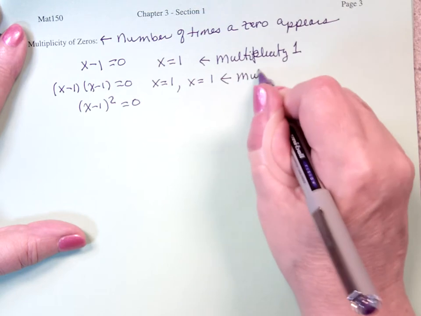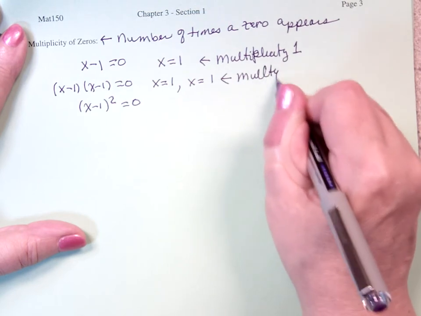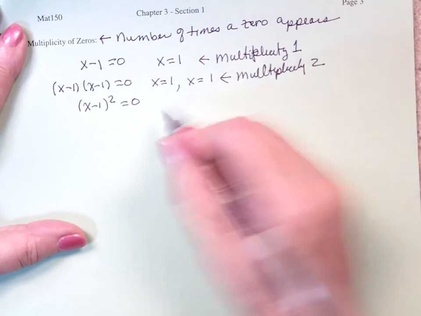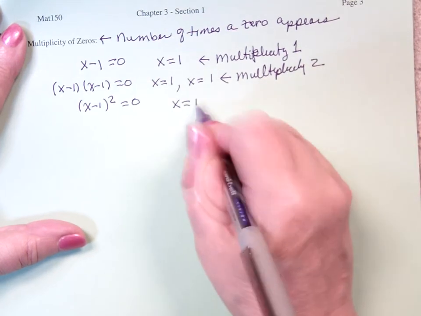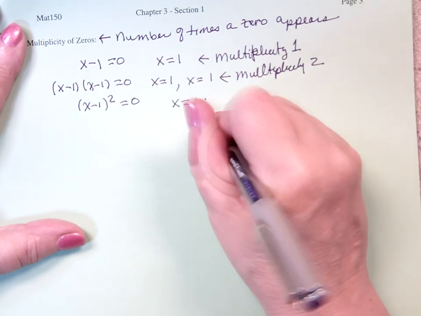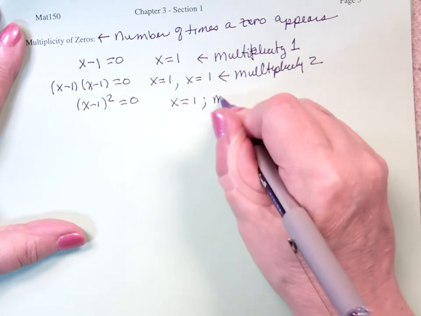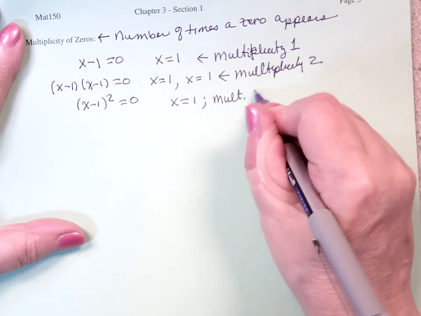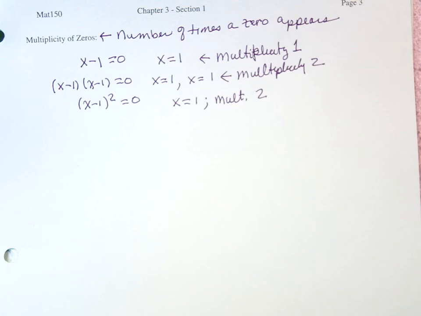This is multiplicity 2. We normally would write just x equal 1. But in this instance, this is going to have some meaning to us. X equal 1, multiplicity 2. That says that 0 appears twice.